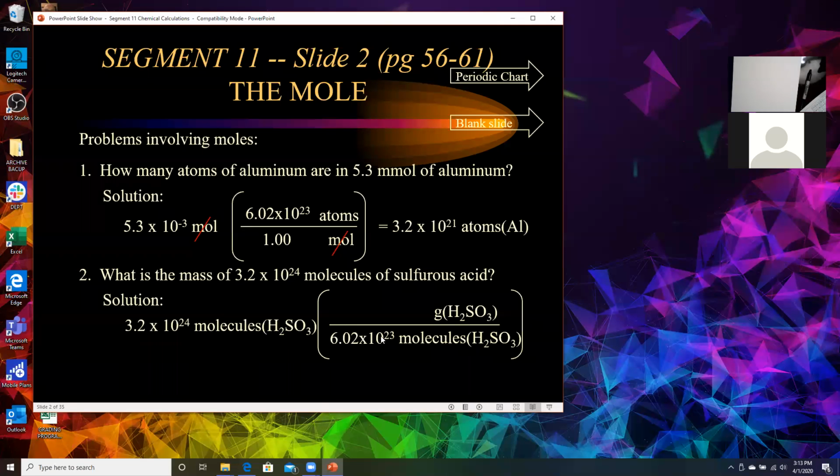If I have Avogadro's number of molecules, I'm going to have twice Avogadro's number of hydrogen atoms, and the atomic weight of hydrogen is 1.01. I'm going to have 1 sulfur, atomic weight is 32.06. We look at our periodic table, and the atomic weight of oxygen, of course, is 16. So if you add all that together, you come out with 82.09 grams of sulfurous acid is that many molecules.